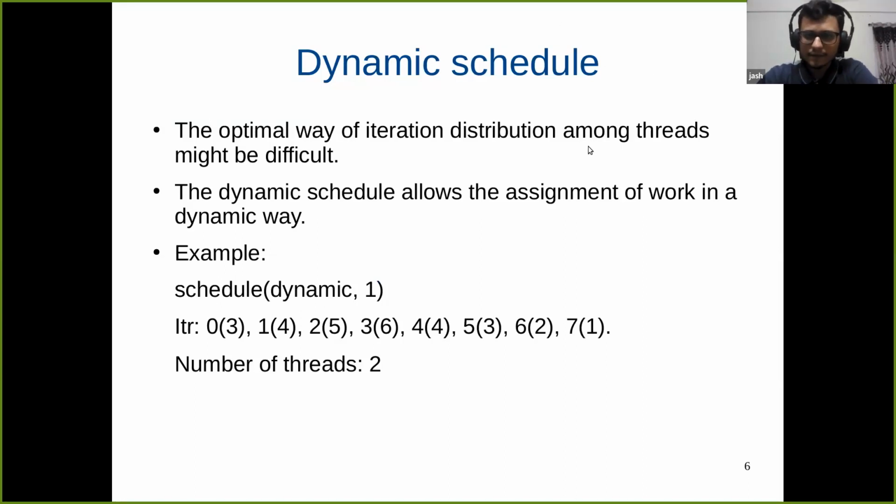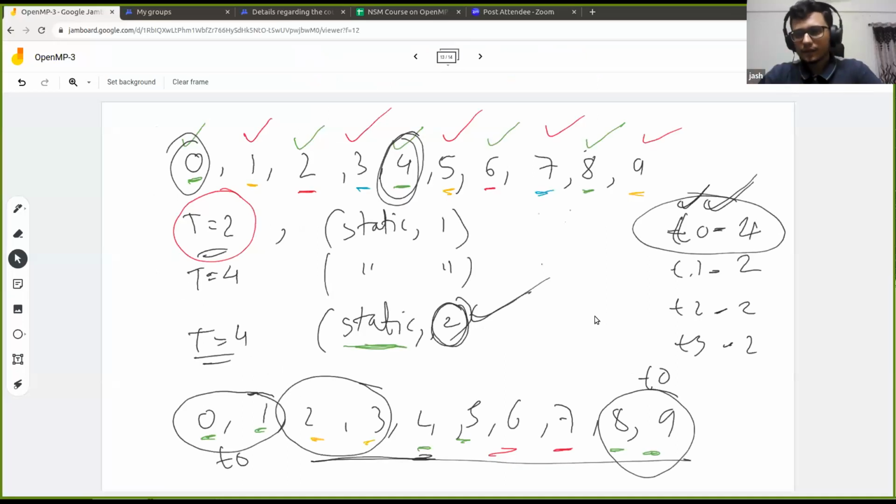Let me go back to my whiteboard. Even after using the static schedule, as you can see here, there can be some work imbalance or load imbalance among the threads, by not distributing the work properly, even if we use the static schedule.